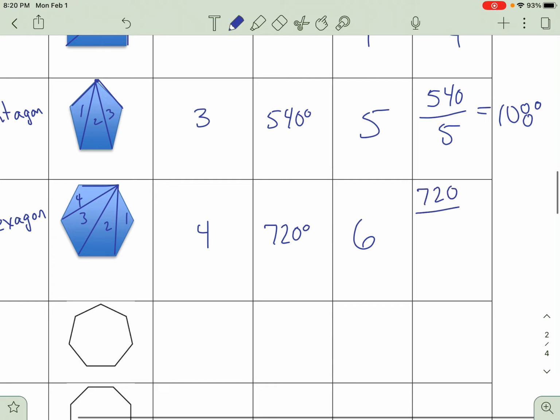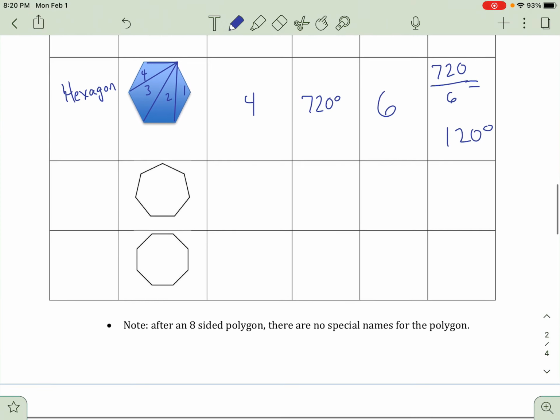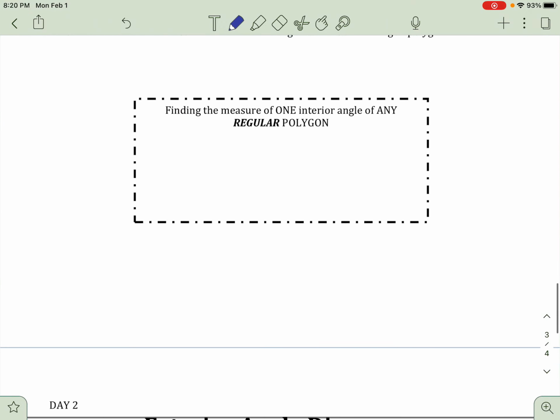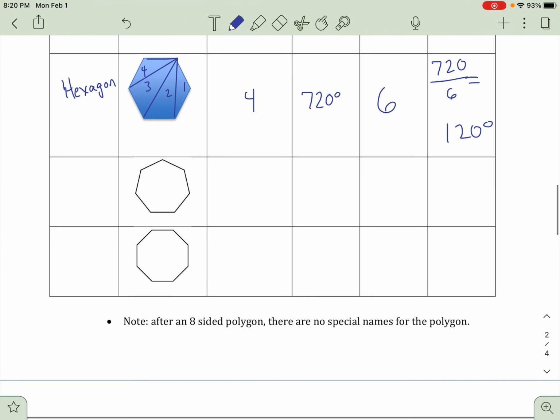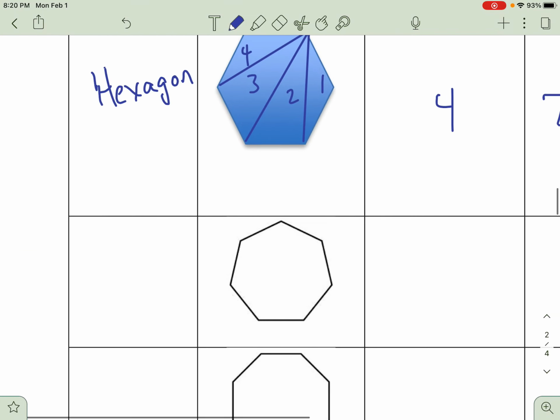And then 720 divided by the number of sides is 120 degrees. Then we continue on from there.